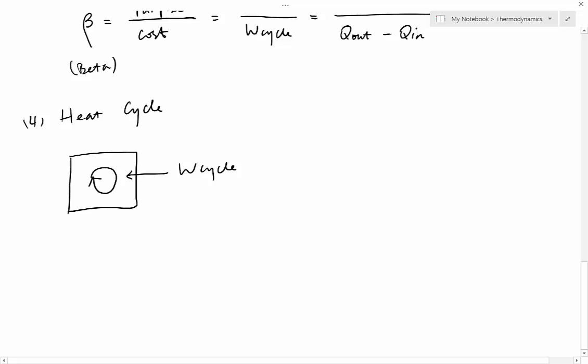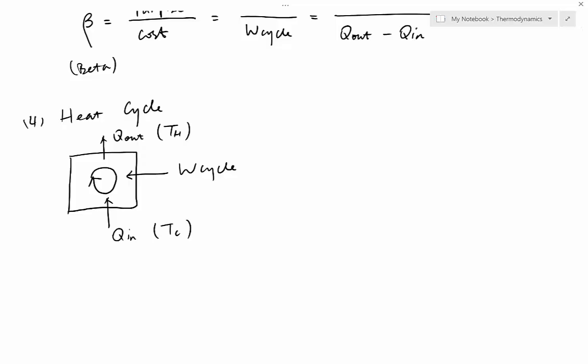So the system grabs heat from the cold outside, so T cold. And then releases this heat, Q out, to the warm inside of your house, which is at a higher temperature. We call it T hot. So this is the cycle and how you sketch it.